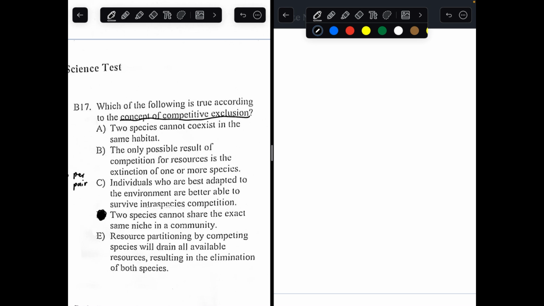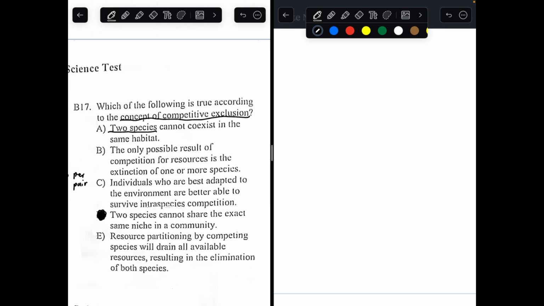Let's look at each answer choice. A. Two species cannot coexist in the same environment. If two species can coexist, that's one thing. But if they're competing with each other, that's another thing. We're not talking about whether these two species can compete with each other or not. It's saying two species cannot coexist.